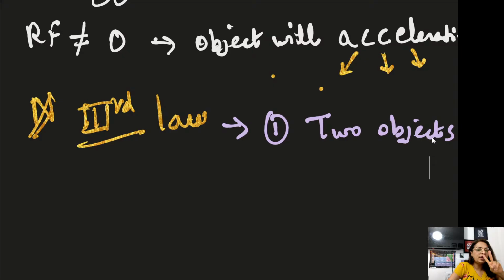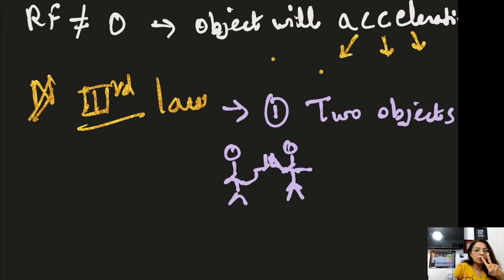Now I will draw two people here. This is object 1 and this is person 2, and they are both exerting force on each other with their hands. Do we have two objects? Yes, object 1, object 2, or person 1, person 2.